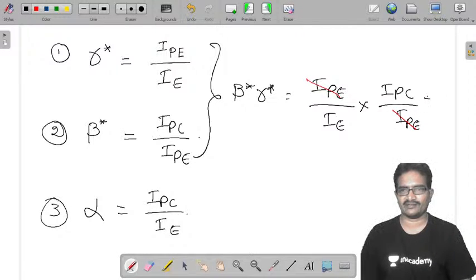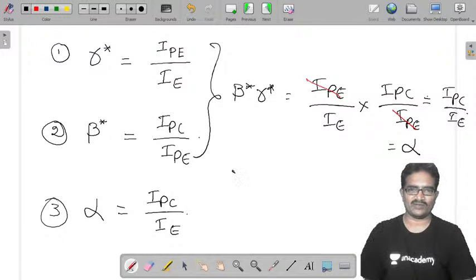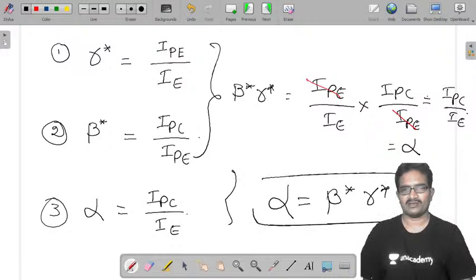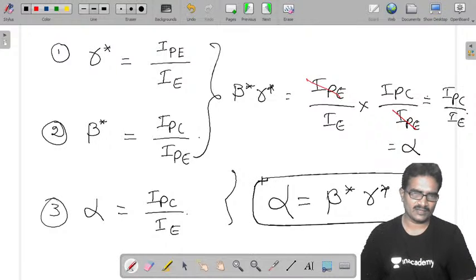You get finally IPC by IE. But IPC by IE is nothing but alpha. So from this we can write alpha is nothing but beta star into gamma star. This is another equation for alpha.